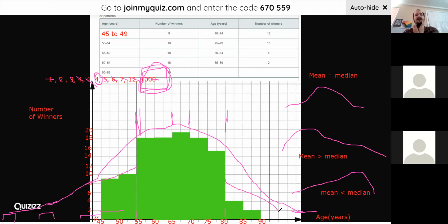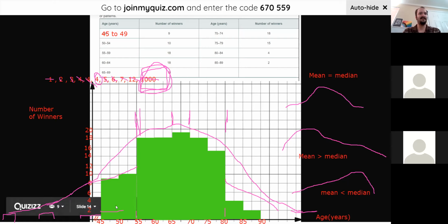So there's mean, there's median, and then there's mode, which is the most used number. Since the number that you use the most is your mode, those are basically the three measures of central tendency that they talk about.